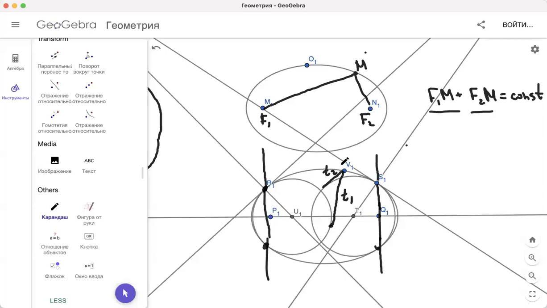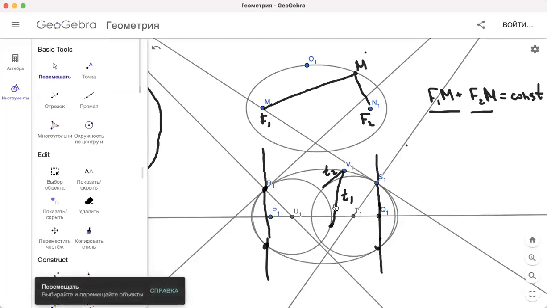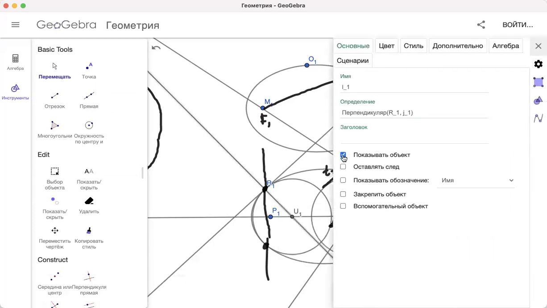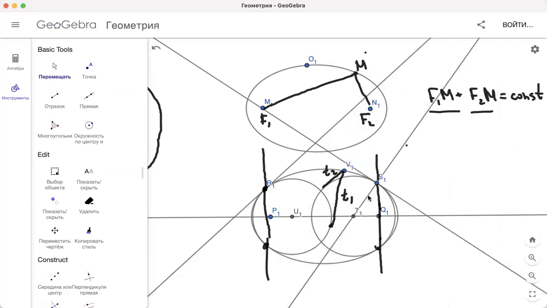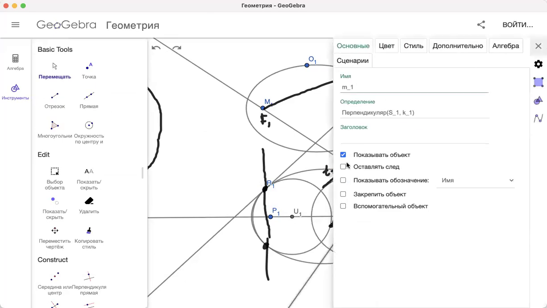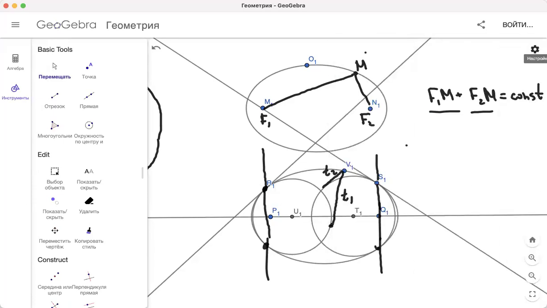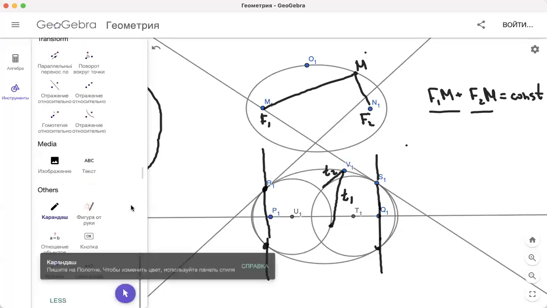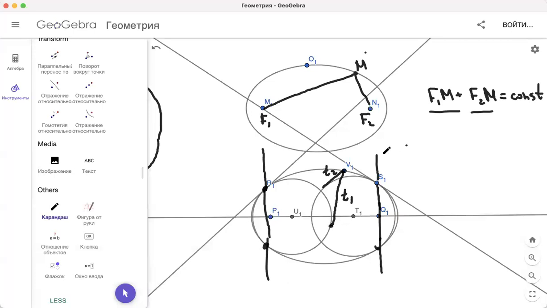Because you have circles from the same family, their centers lie on the major axis. And it is true that if you consider points between these two parallel lines, then the sum of these tangent distances is constant.